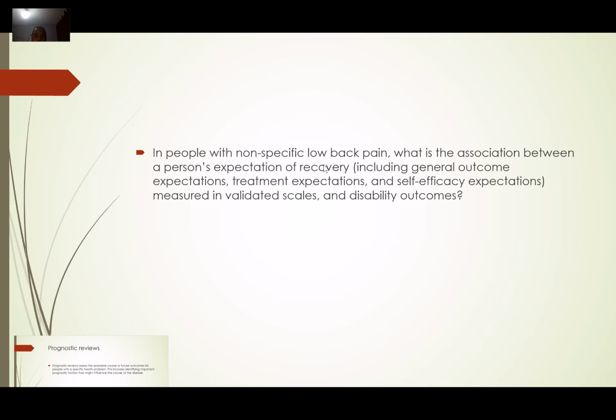Okay, so here we have patients that are suffering from lower back pain, and we want to measure the association between the person's expectation of recovery and the disability. So we have two future prognostic outcomes: the expectation of recovery for the patient, including general outcome expectation, treatment expectation, and self-efficacy expectation, and the disability outcome.